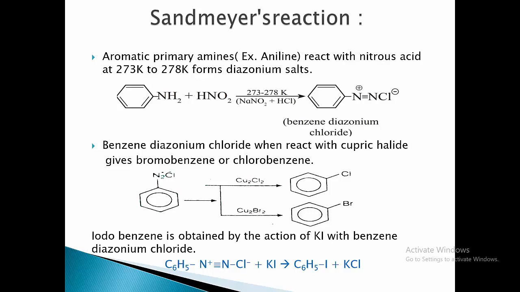Iodobenzene is obtained by the action of KI with benzene diazonium chloride. Reaction is C6H5N2Cl plus KI gives C6H5I plus KCl.